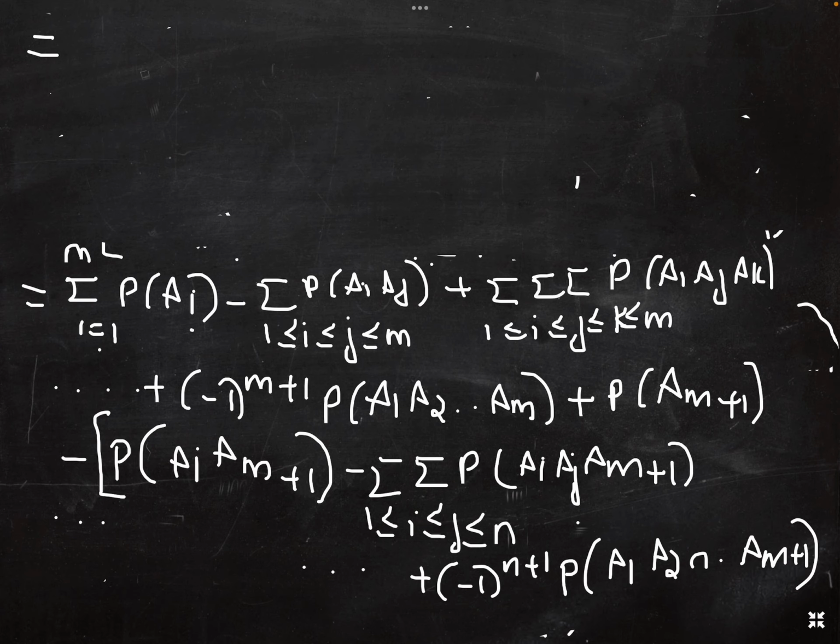That is, summation i equals 1 to m of p of ai means p of a1 plus p of a2 plus etc. plus p of am. Then plus p of am plus 1.